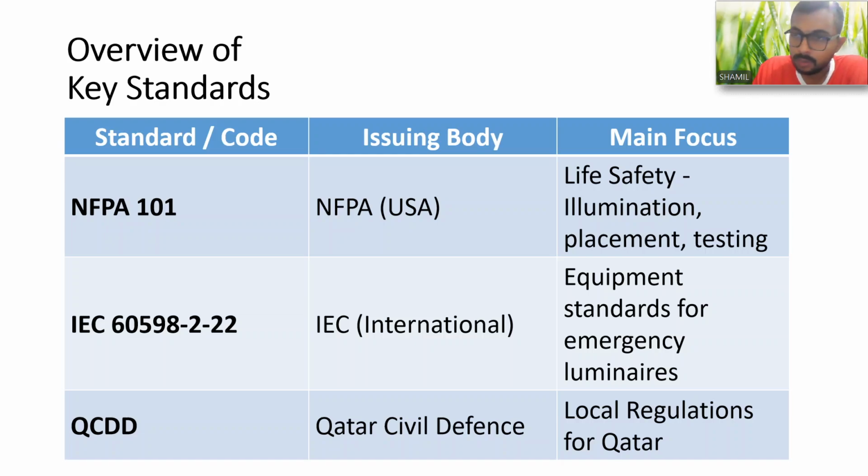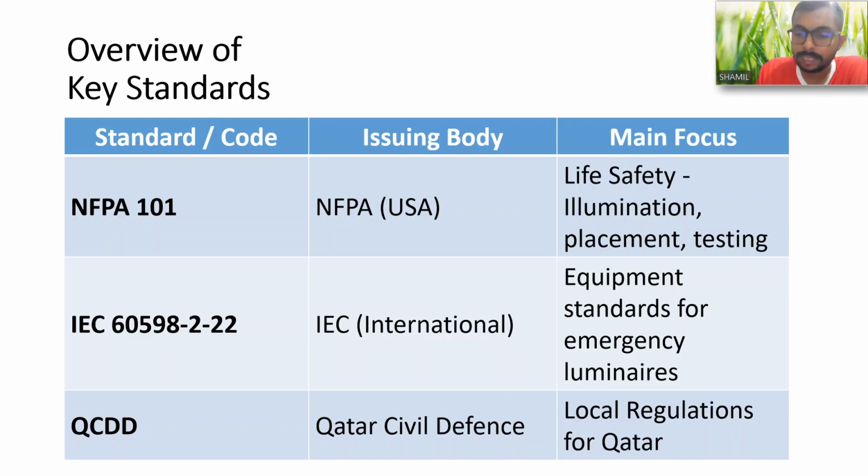The last one is QCDD, that is the Qatar Civil Defense Department. Since I am from Qatar, I included the example of the Qatar Civil Defense Department. If you are in any other country, that country will have a local fire code, and these local regulations are the ones which the country will follow when it comes to fire regulations. We will be discussing each code in detail in the coming slides.